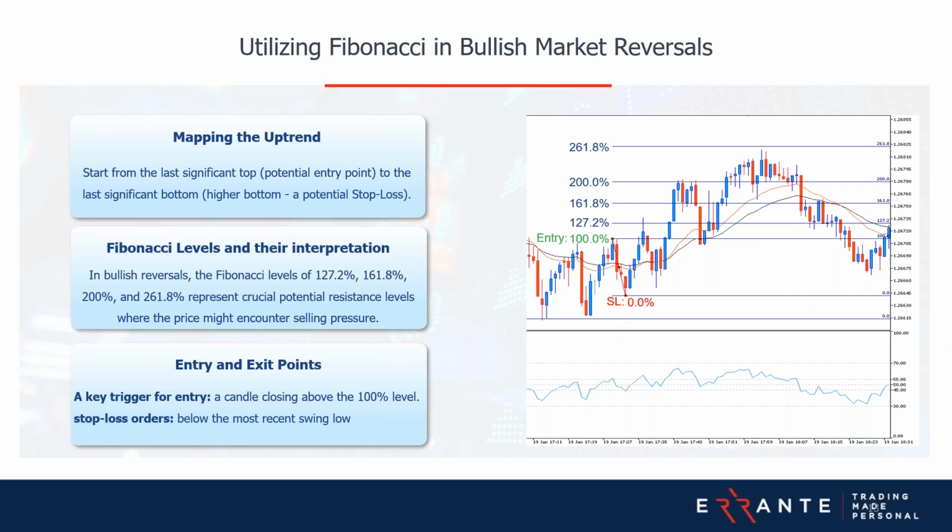Then releasing the tool to display the Fibonacci levels on the chart. With the levels drawn, we can then interpret these as potential targets for taking profits or adjusting our stop loss orders accordingly. This systematic approach allows for precision in planning trades and managing risk, aligning with the core principles of technical analysis.